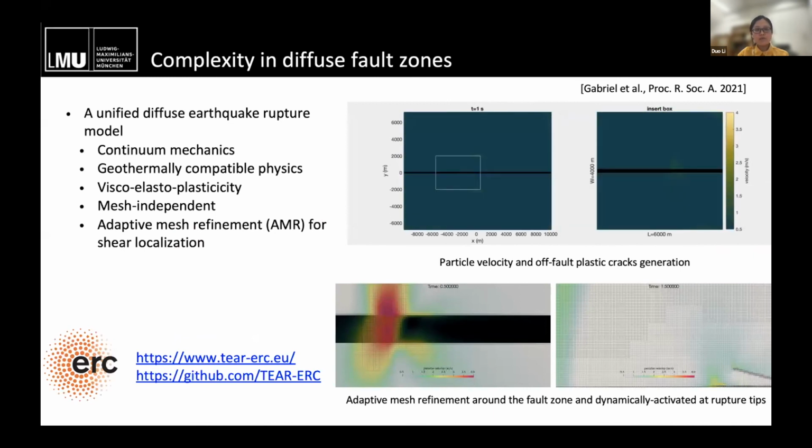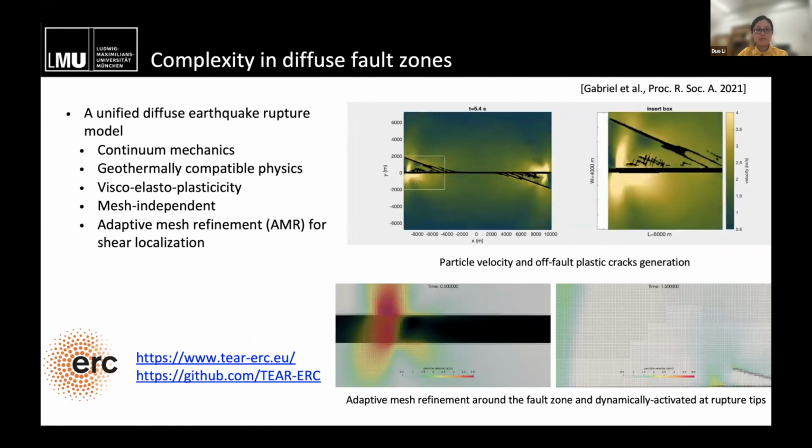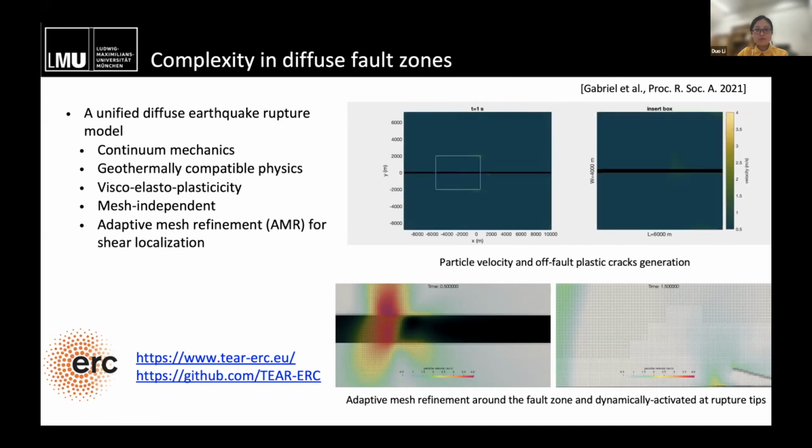We want to build a unified earthquake rupture model for diffuse earthquakes, which is in the framework of continuum mechanics and geodynamically and geothermally compatible, and it can consider the real rheology of the materials, and is mesh independent.